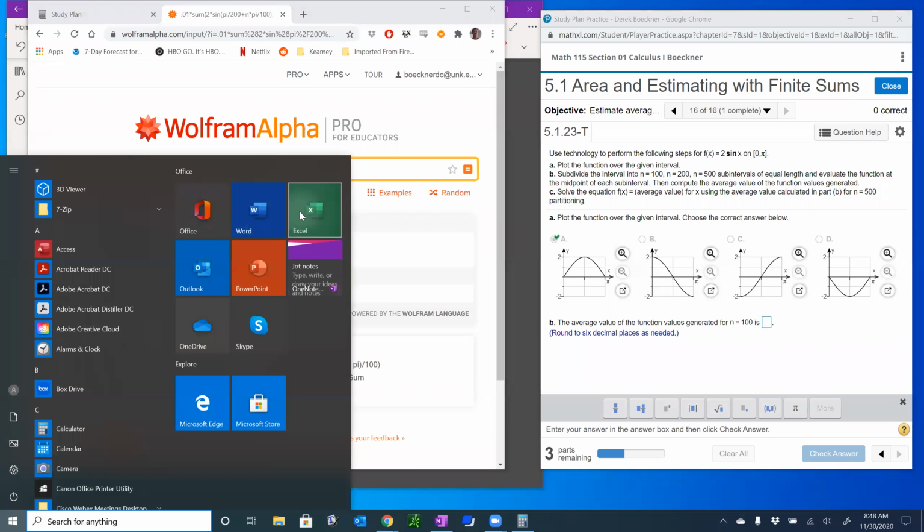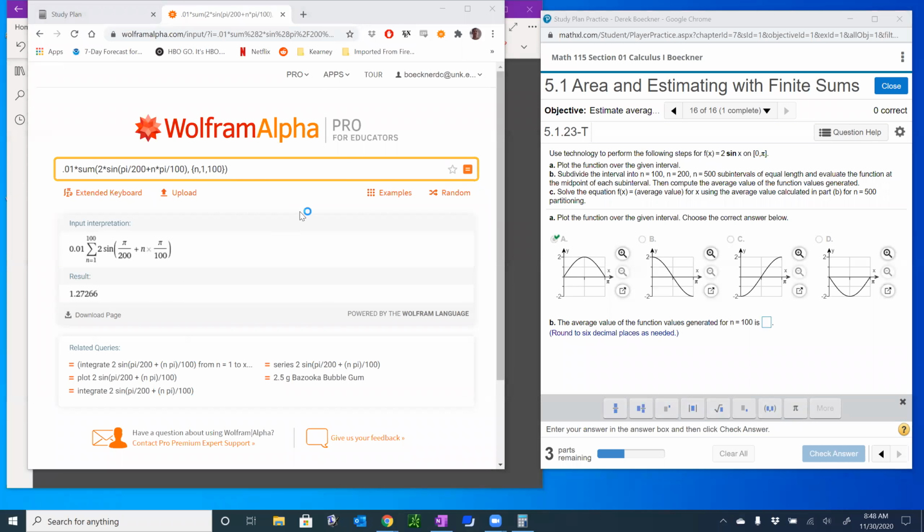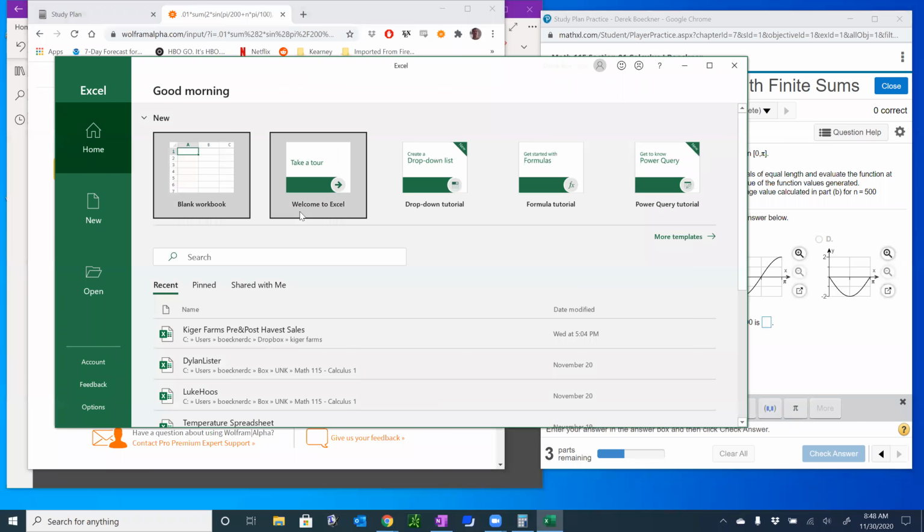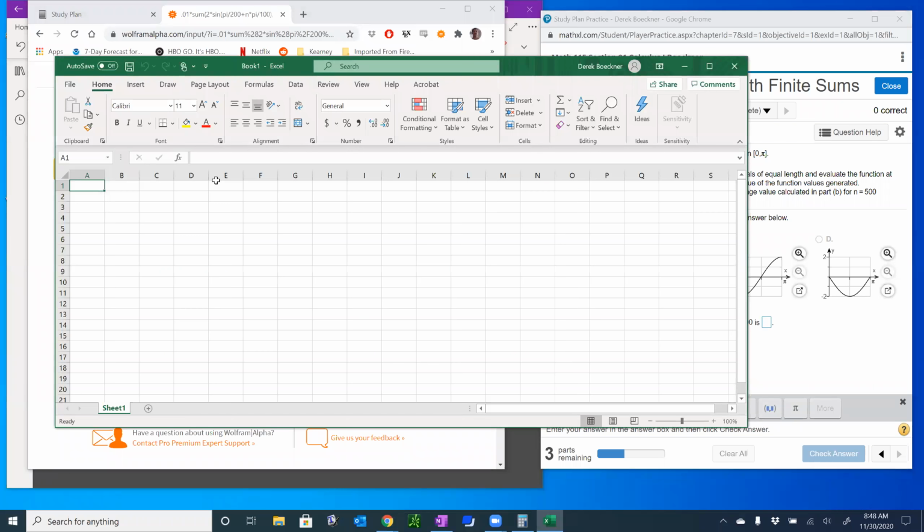Let's pull Excel up. You can do this in Excel too. Didn't it just tell me I could do pi? Capital PI maybe, no?